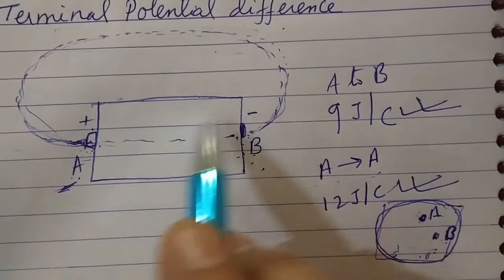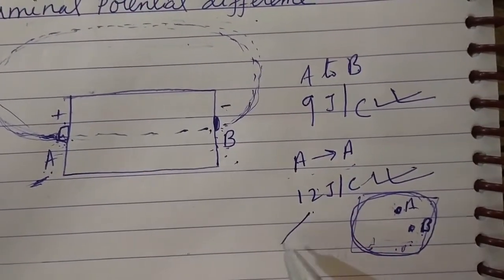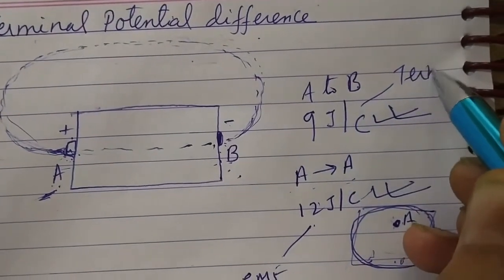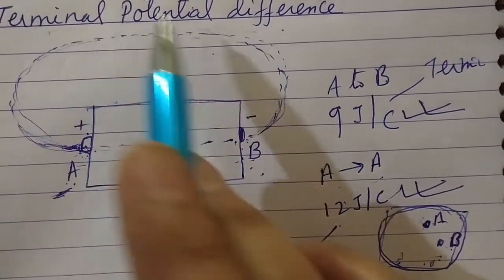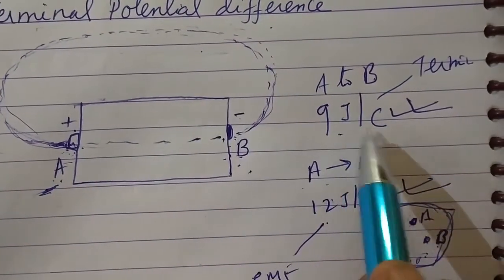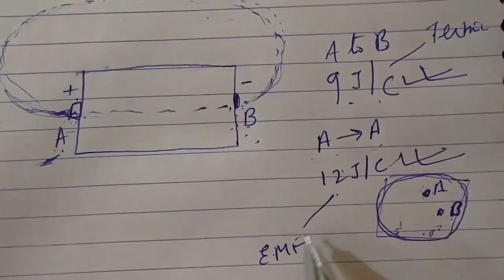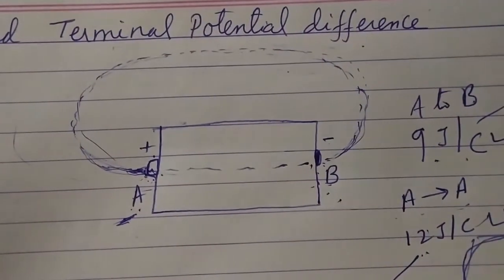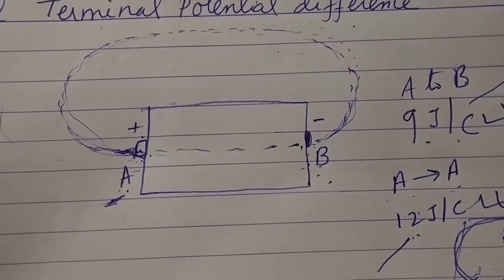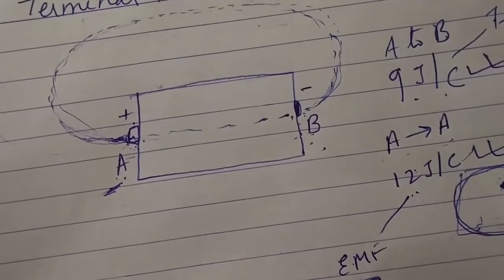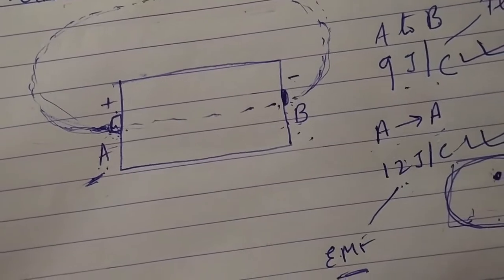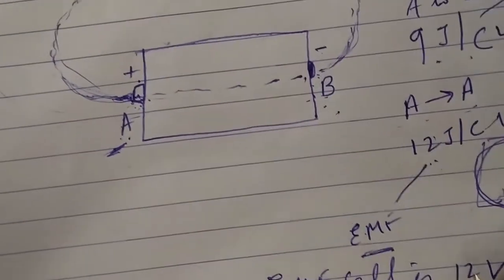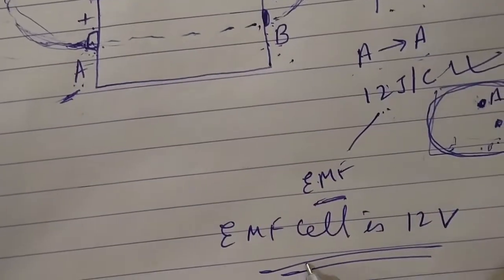The amount of work done to complete one cycle is known as EMF. From one terminal to another, 9 joules, so it is terminal, and the complete cycle is 12, so it is EMF of the cell. EMF of the cell is a property of the source. So EMF of the cell is 12 volt, and whatever is given on the cell, that is the EMF of the cell.